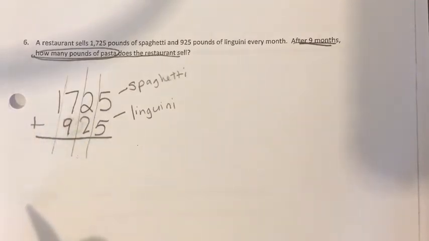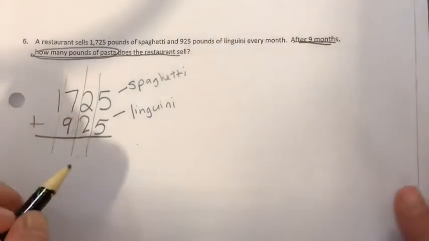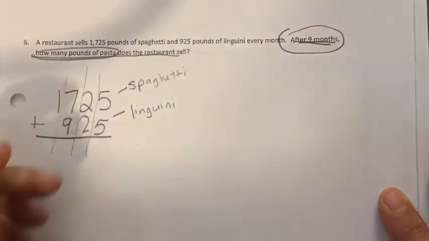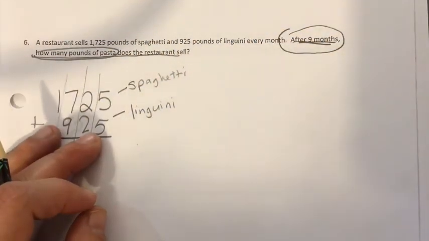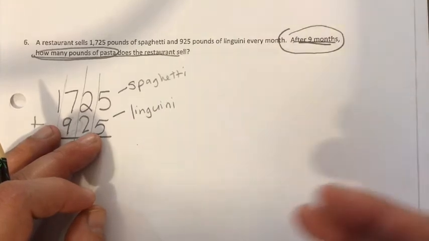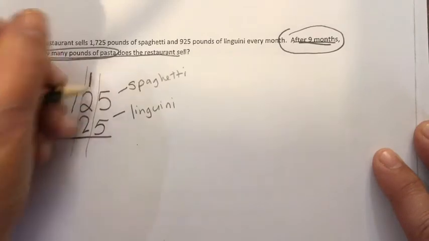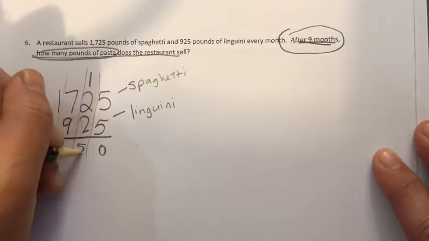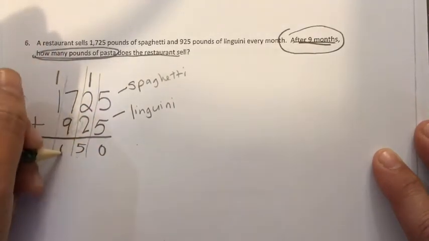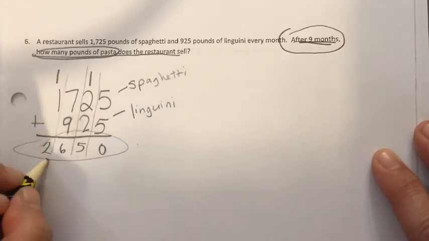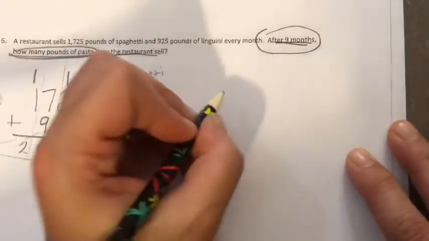And then I need to take that number and figure out, well, how many would that be 9 times? So let's go ahead and add this one up. That's going to be 10, 5, that's going to be 16, and that's going to be 2. All right, so this is how much they sell in 1 month.